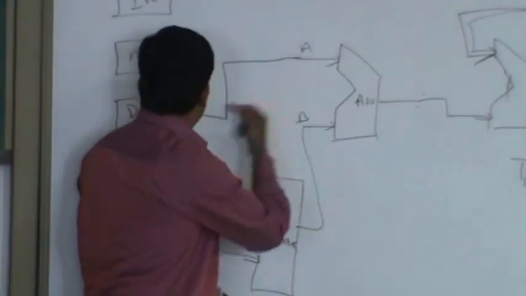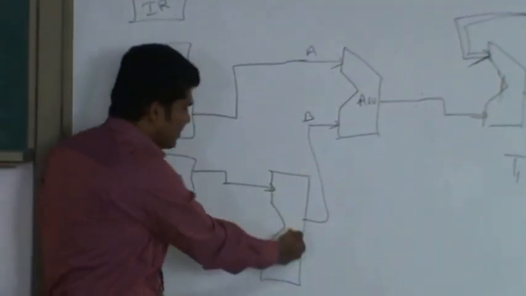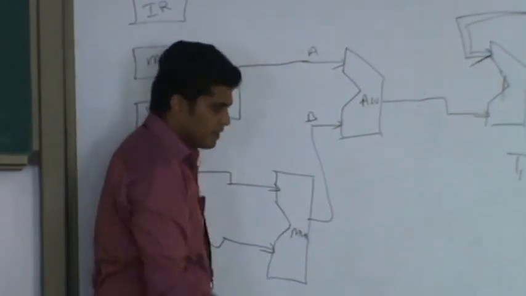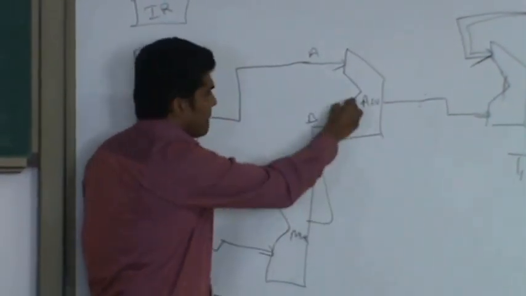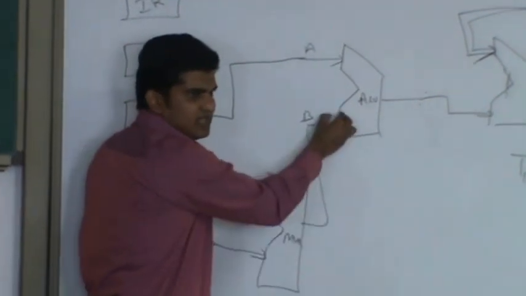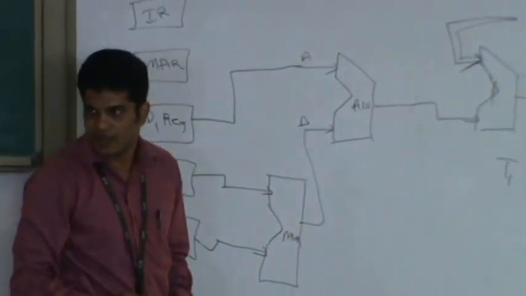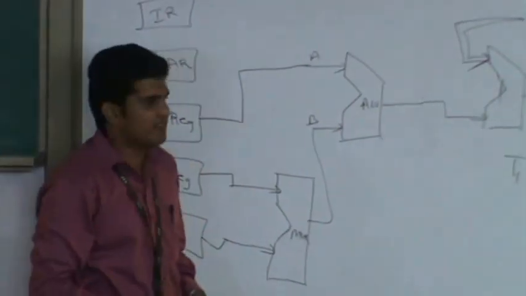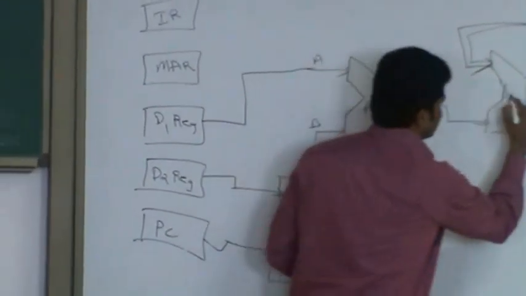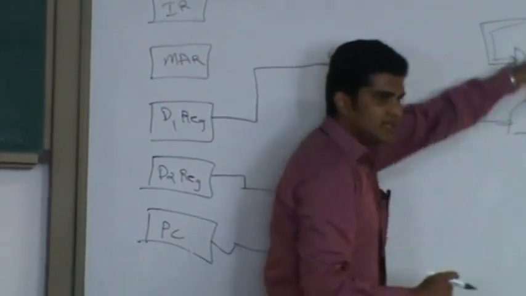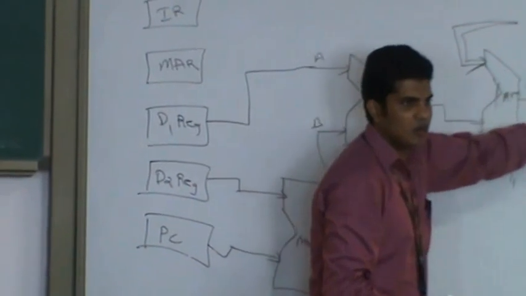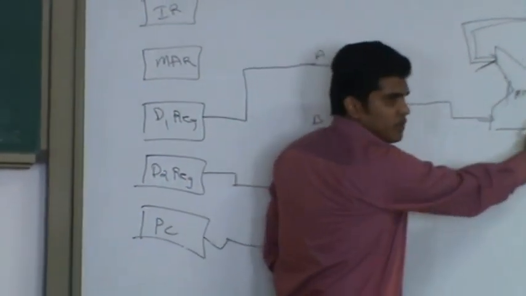And again, it can select the contents of D1 or the other. It is selecting the B line because the contents of the program counter is in the B line, and it is giving it to the processor. You have another mux over here. The data can either come from the memory or else go out. So here the data is going out.